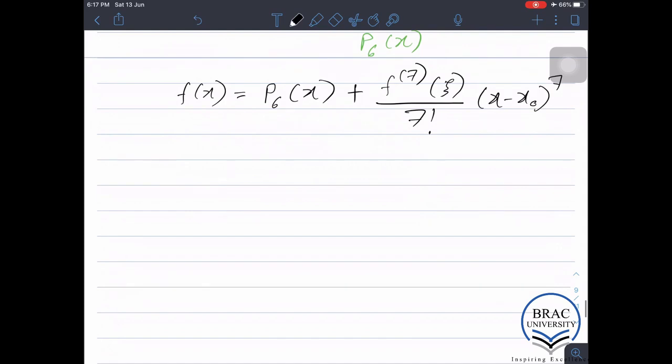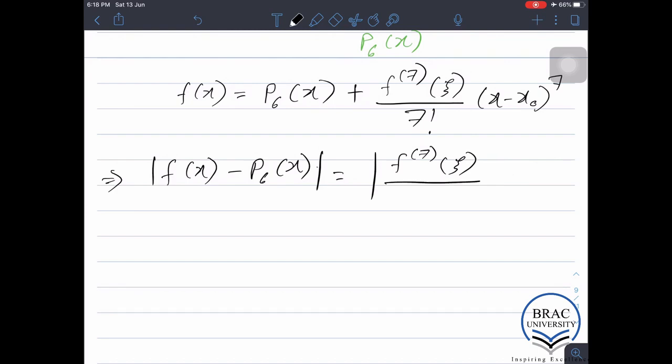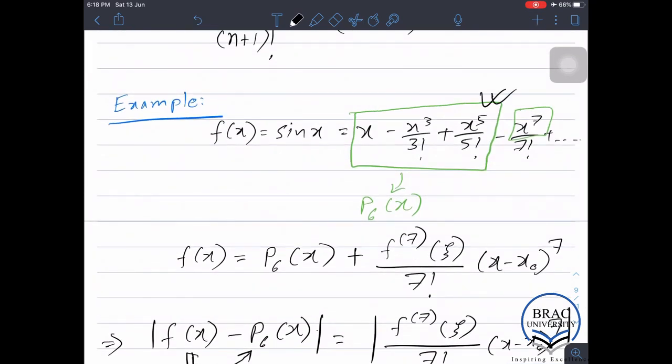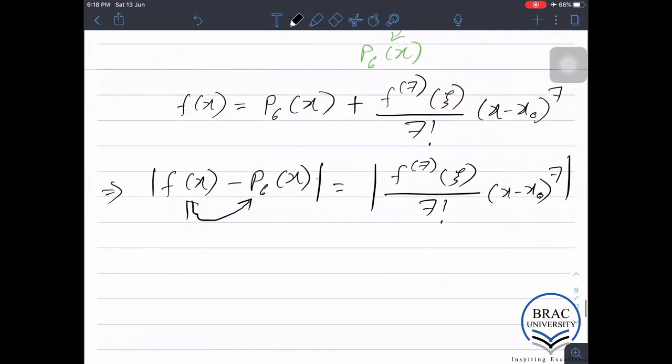So I can write it this way: modulus of f of x minus p6 of x is equal to modulus of the 7th derivative of f at xi by 7 factorial, times (x minus x0) to the power 7. The difference between my actual function and the polynomial that I have kept till x to the power 5 here is the error, and my error looks like this.